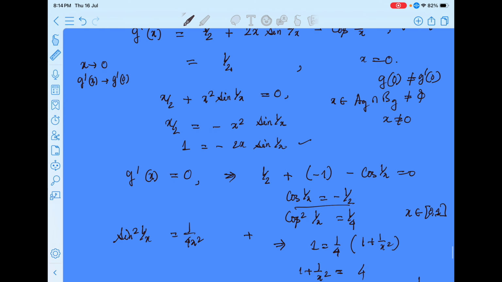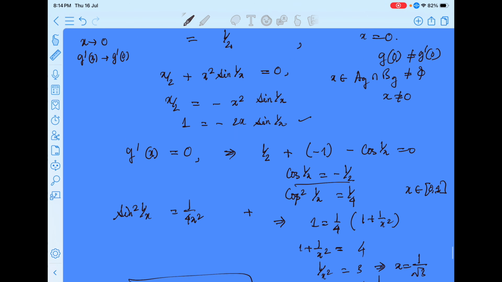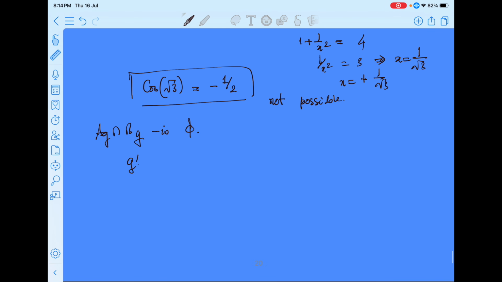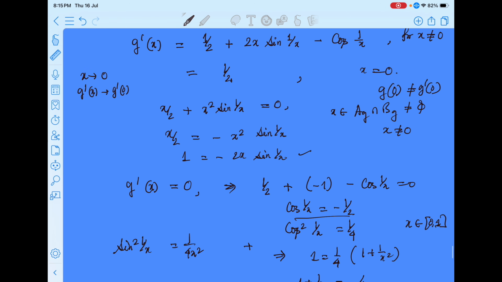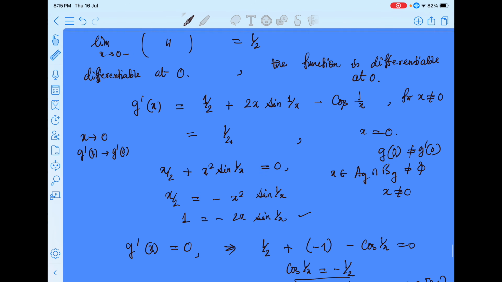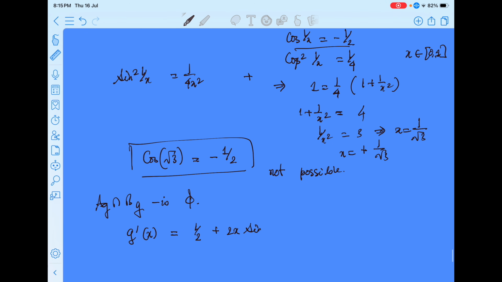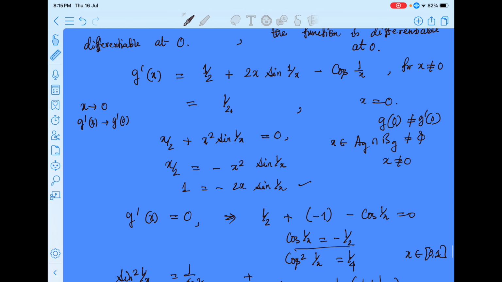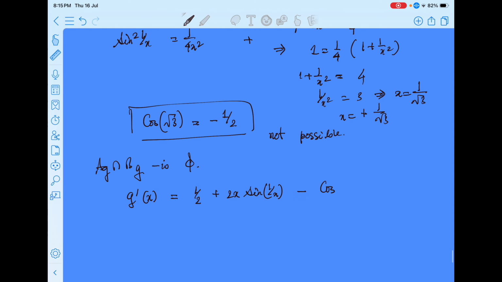Okay, now we have to check the zeros of the function, zeros of g'(x), right? So g'(x) is half plus 2x sin(1/x) minus cos(1/x).